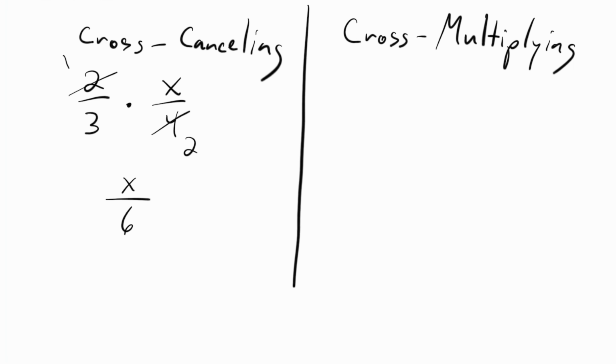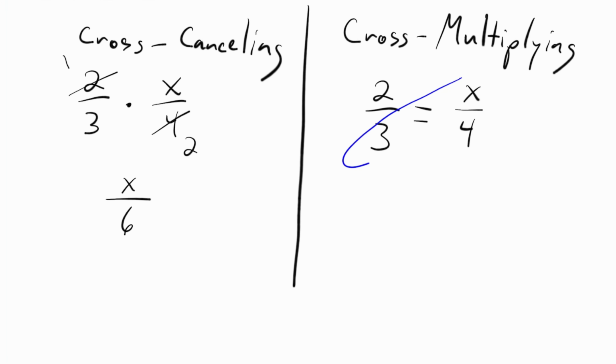When you see actual multiplication going on, that's when you can do cross-canceling. With cross-multiplying, there actually has to be an equal sign present. So I'm going to write those same two fractions down again, but this time, instead of a multiplication sign, I'm going to put an equal sign. And now, weirdly enough, is when we're allowed to use cross-multiplying.